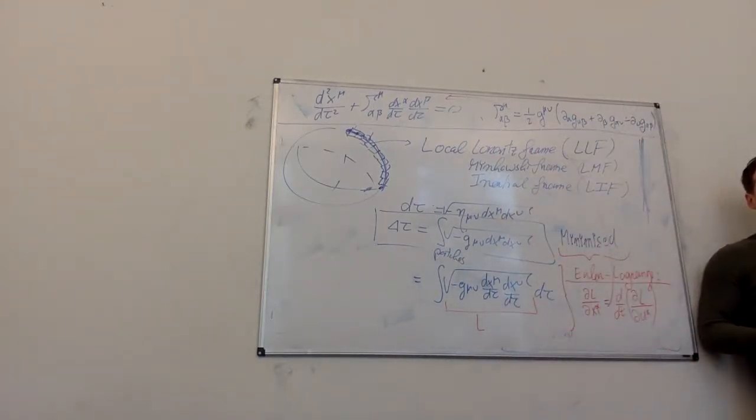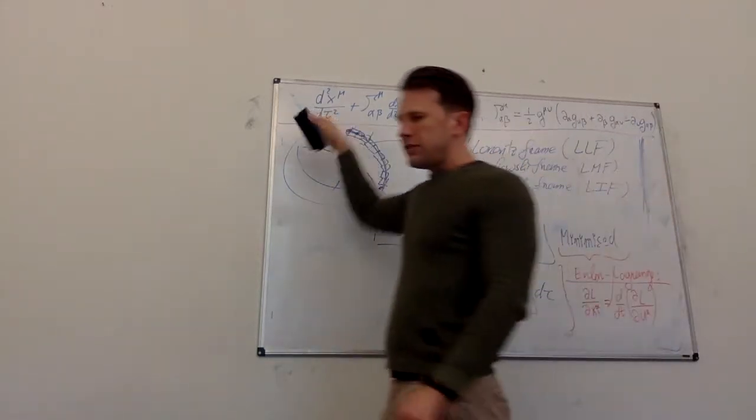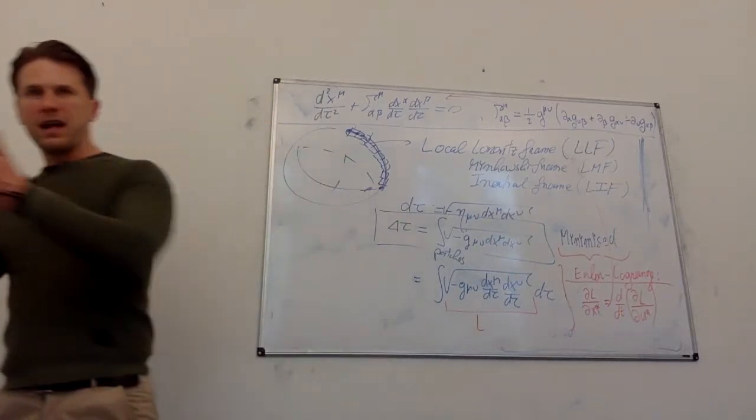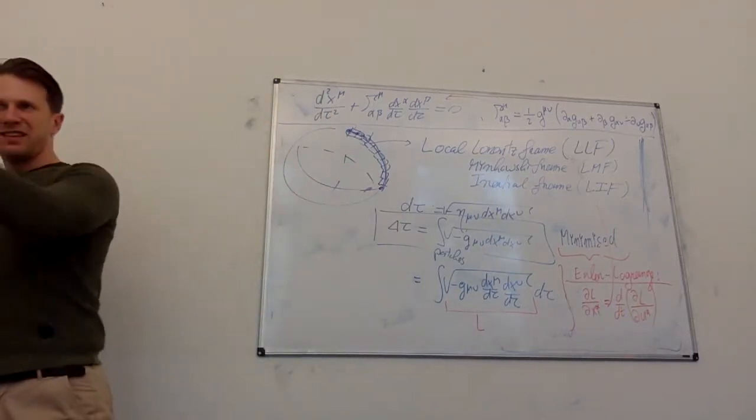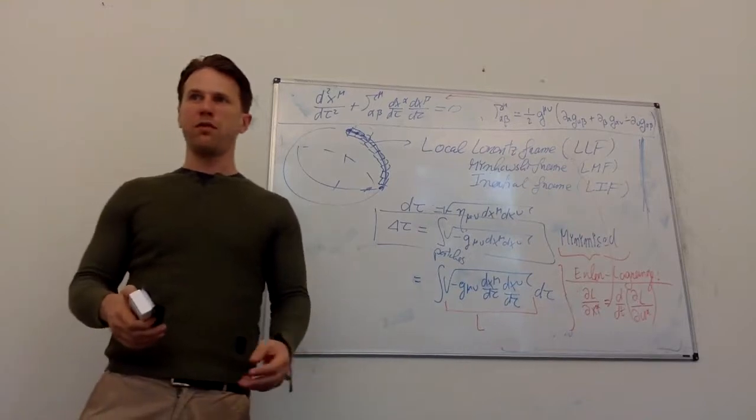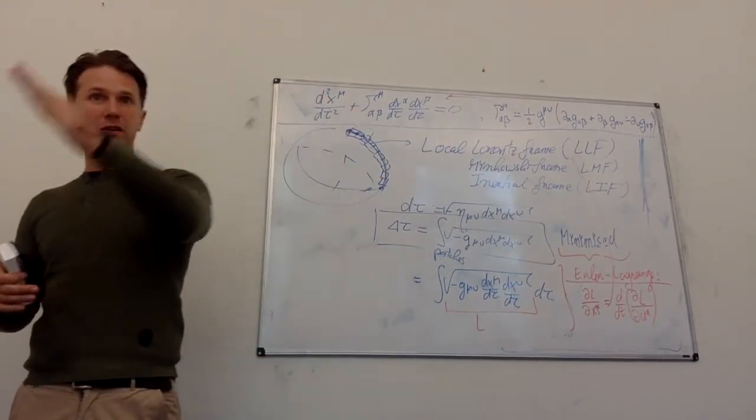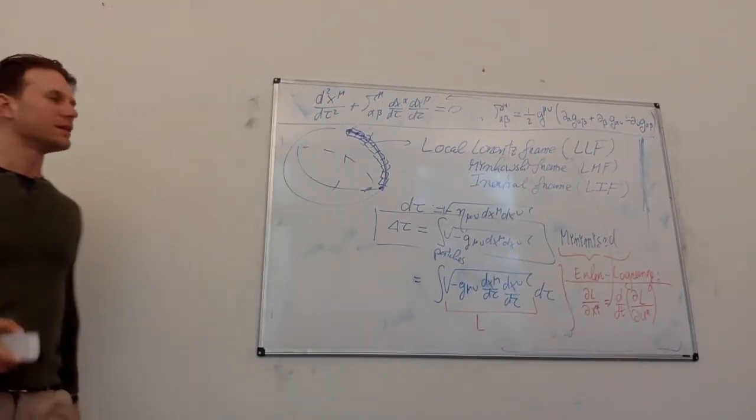It just means the parameter that you use doesn't have a very clear physical interpretation, but mathematically you can still use it. So that's called an affine parameter. You can replace this tau via some elementary mathematical transformation into one thing that still describes where it is. It's just not time anymore.